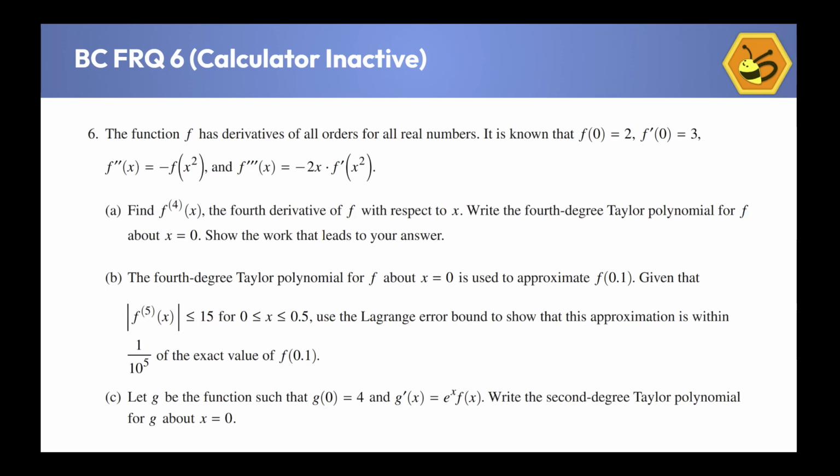So right now, the AB part is already over. Whether it covers AB or BC depends on which FRQ we choose, because FRQ 5 involves two AB questions about integration and solids of revolution, but the sixth FRQ is entirely BC only.